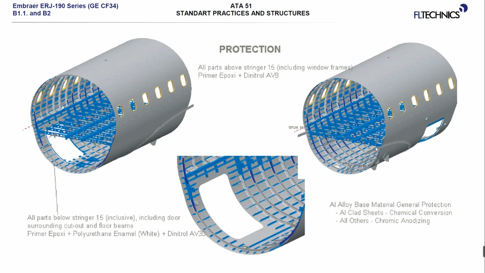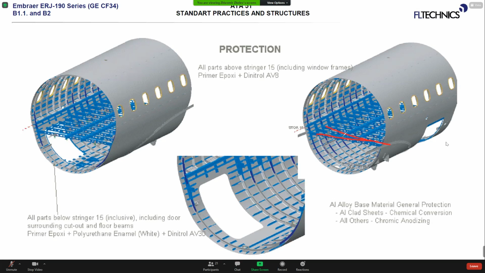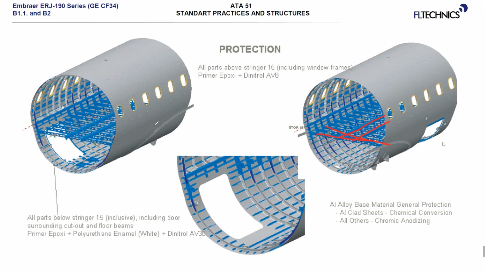So in this cutout section, we can also see these floor beams. We can see tracks here, and these are, let's say, the most popular components when you talk about the fuselage structure. You know that we can also divide the structure into primary and secondary, but later about this.